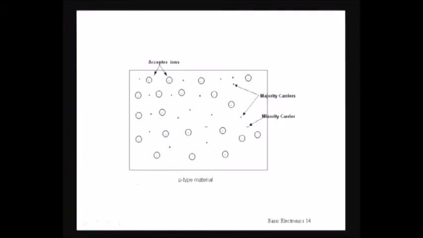It is accepting 1 electron, so it will be negatively charged. So in a P-type material, the impurity atom will be an acceptor ion having a negative charge, and there will be holes, which are positively charged, as majority carriers. Also, although very few in number, there will be minority carriers, which are electrons coming from the intrinsic semiconductor. So this is the P-type material.